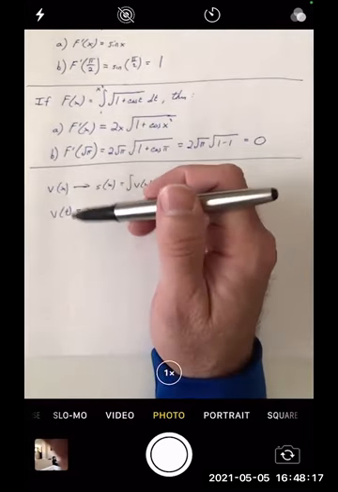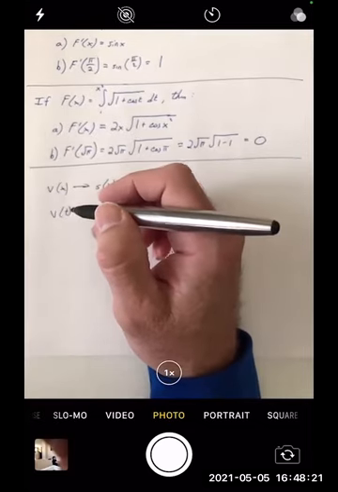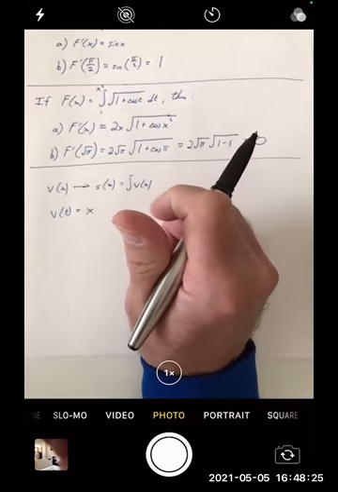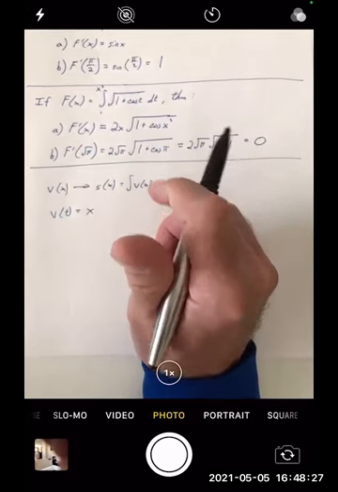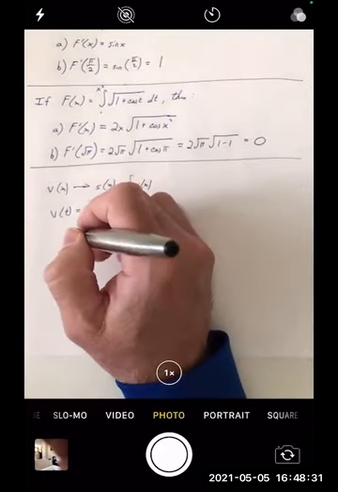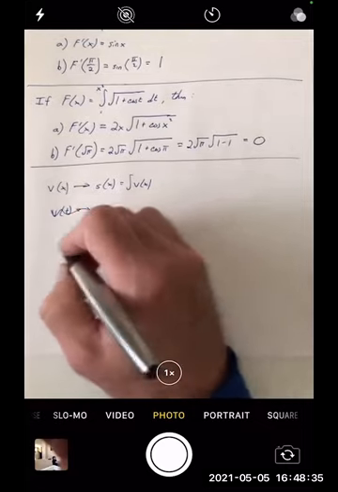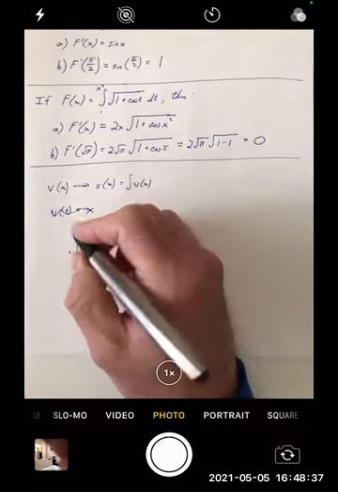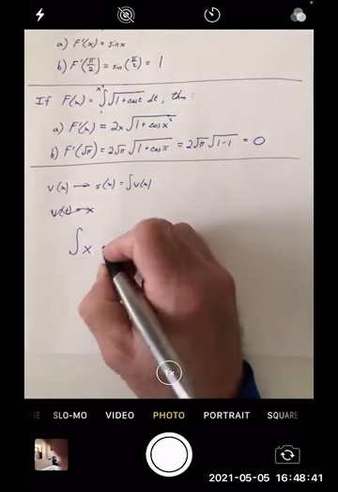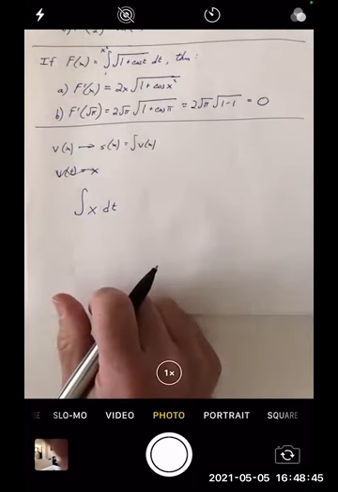But let's just say that wasn't a typo, like it was on purpose, because in calculus 2 they might actually do that to you to see if you're paying attention. So if you had to integrate, let's just do x dt. What's the variable?